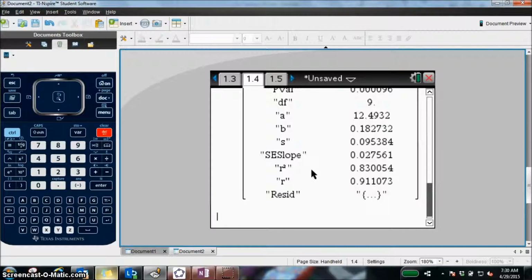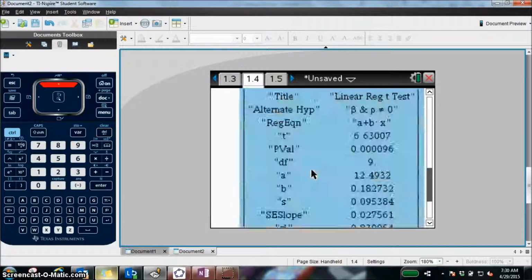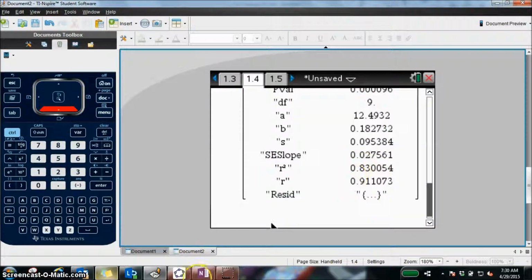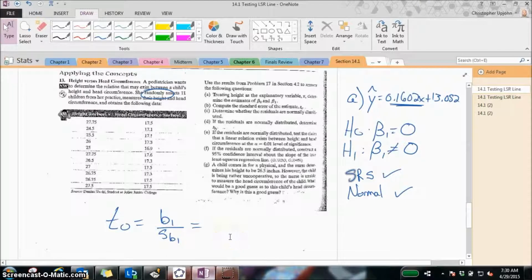We need our SE, our standard error. And of course, we have our T-score of 6.63. We even have our p-value, very, very low.